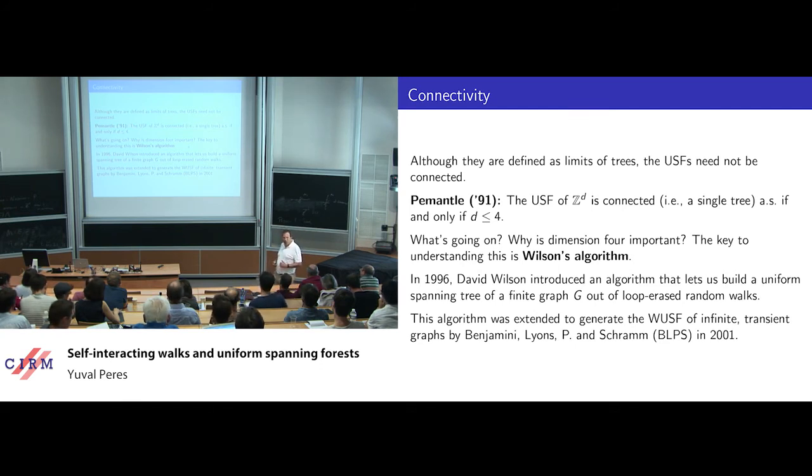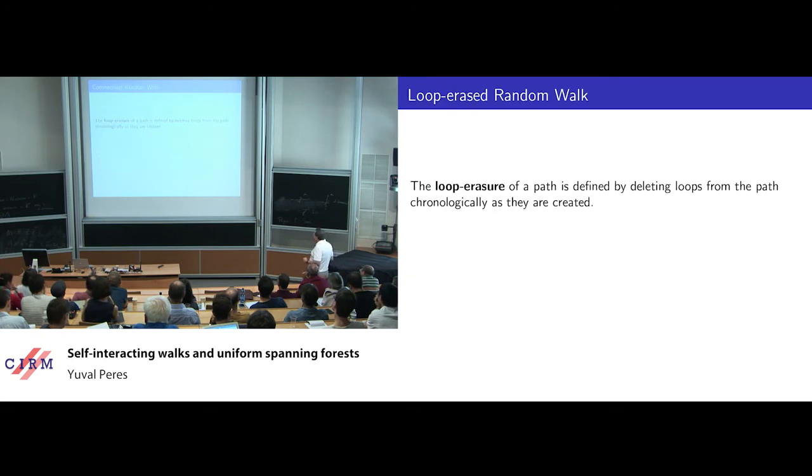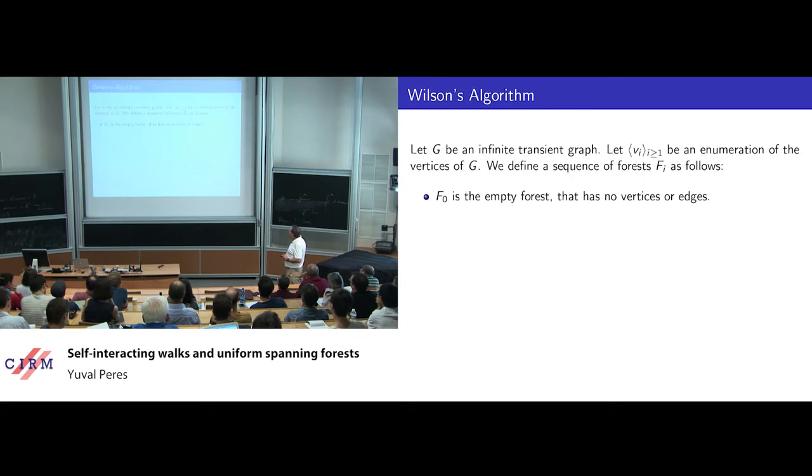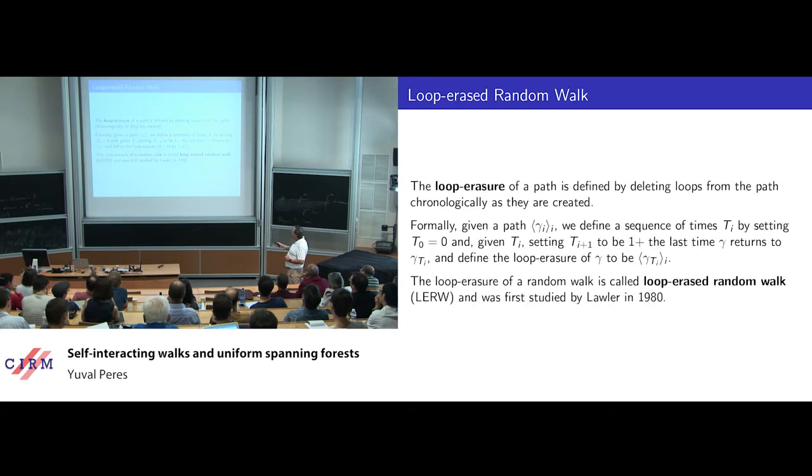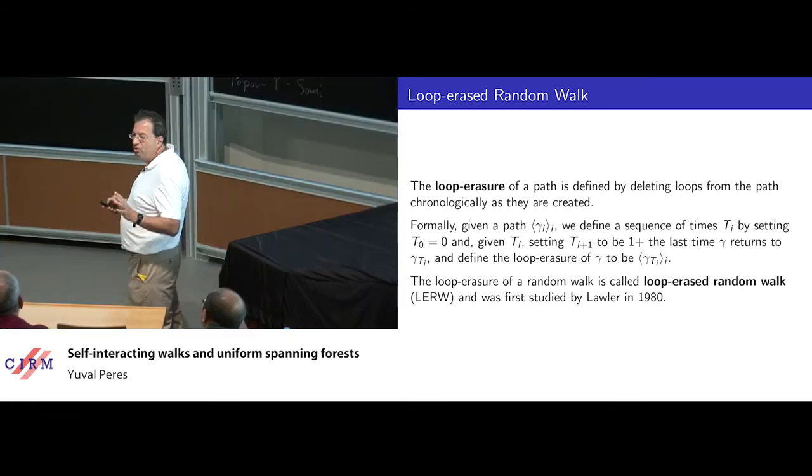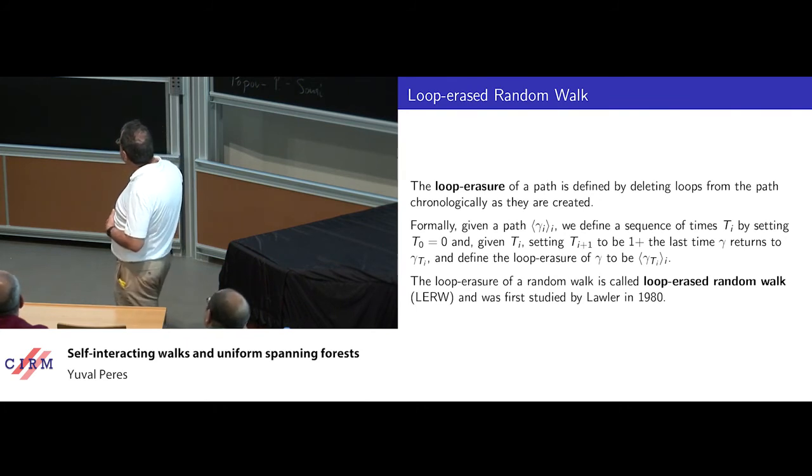He used the Aldous-Broder algorithm that existed before, but this is much simpler to verify if you know the Wilson algorithm. Again, this uses loop erased walks that I assume people here know. You run a random walk, erasing loops as you go. Loop erased walks were first analyzed by Lawler in the 80s.